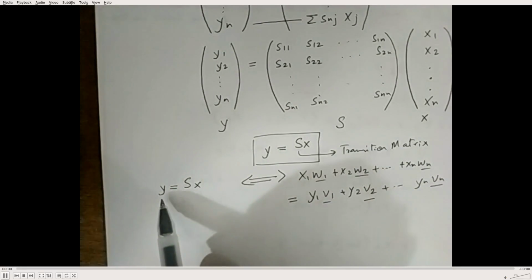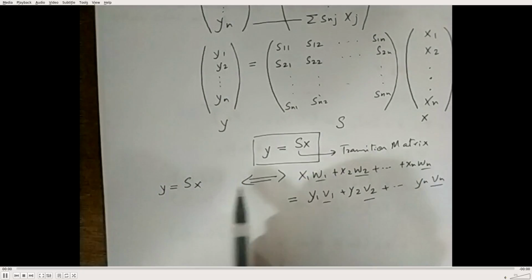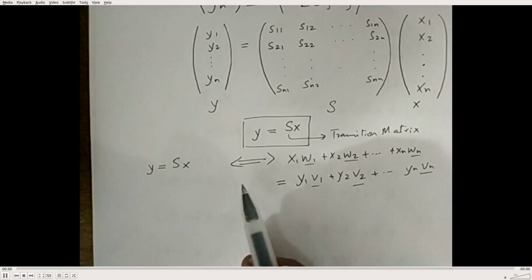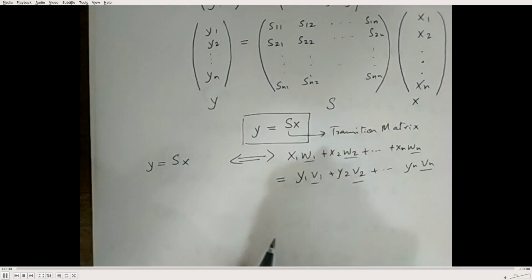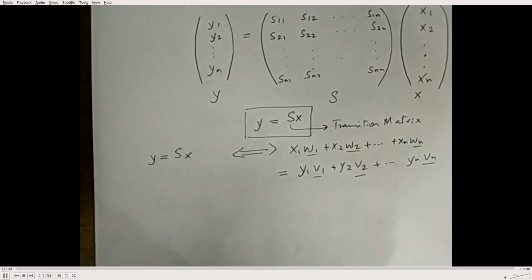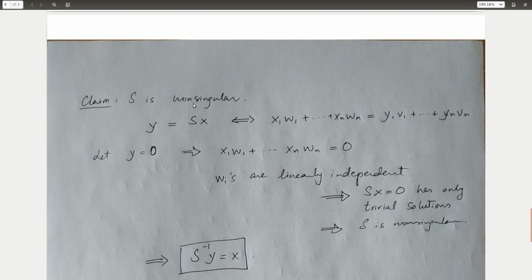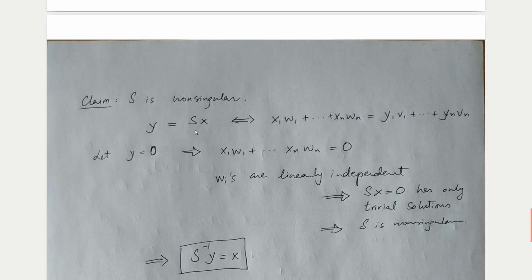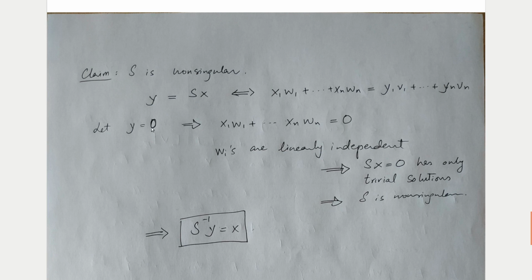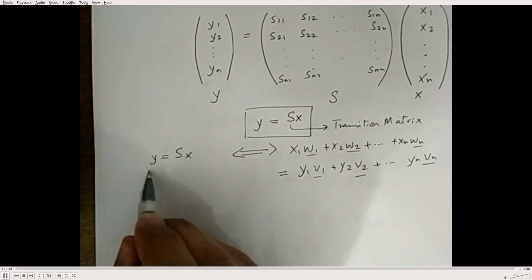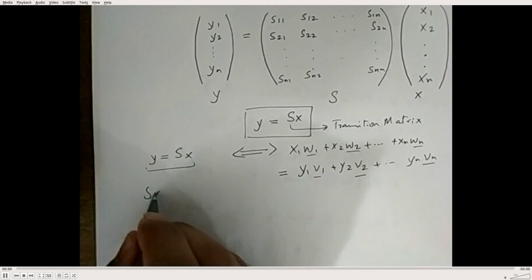And so if y equals Sx, this is an if and only if condition. This I don't have to prove. You can see that the way we've defined this entire thing, this implication holds by definition. And so what do I need to do? Let's check what happens. If I want to check that S is non-singular, I can do the following. To check that S is non-singular, we set y equal to 0. When I set y equal to 0, I have the equation Sx equals 0.